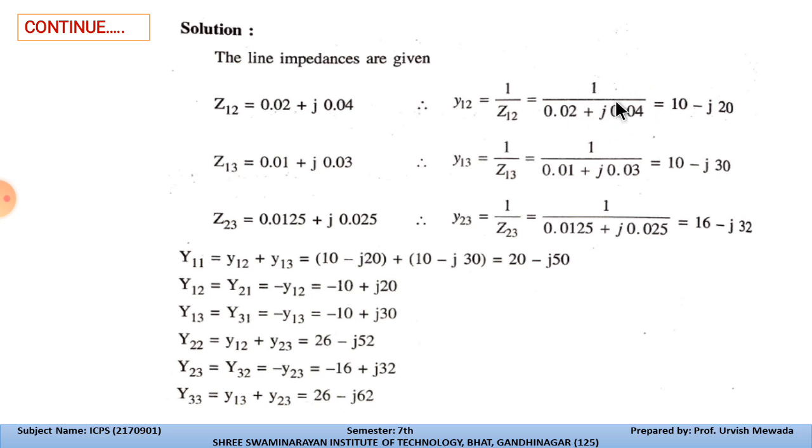After solving this we have the value of Y12. Similarly, put the values of Z13 and Z23 to find Y13 and Y23. So Y13 is 10 minus J30 and Y23 is 16 minus J32.